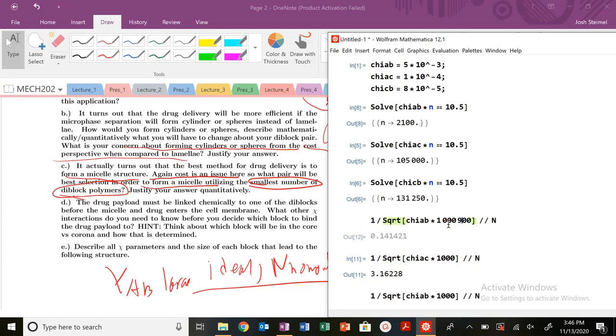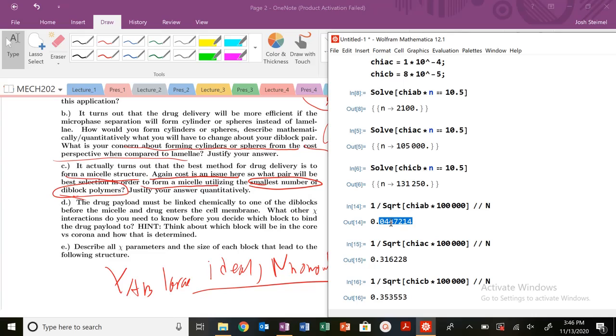Let's go 100,000. So you can see a very, very low concentration is needed to form that micelle. Then chi BC, and here we go.